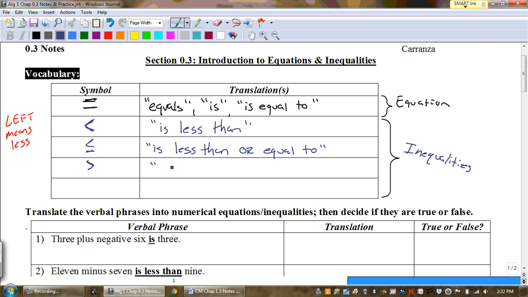Our next symbol is greater than. And our last one is greater than or equal to.